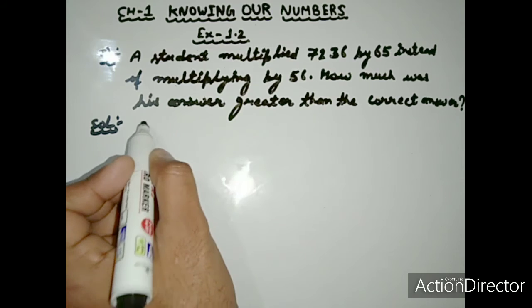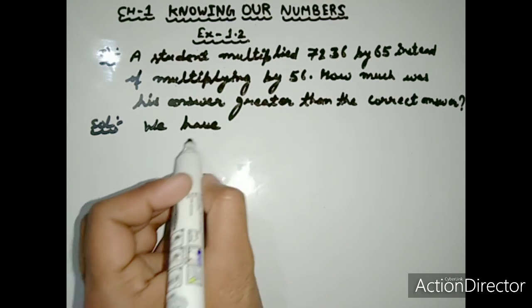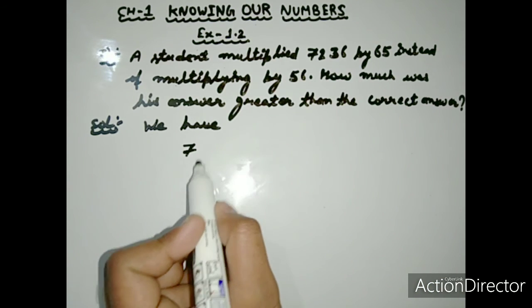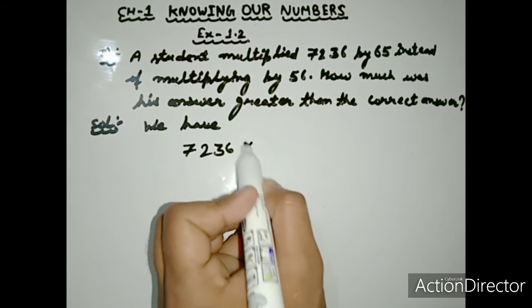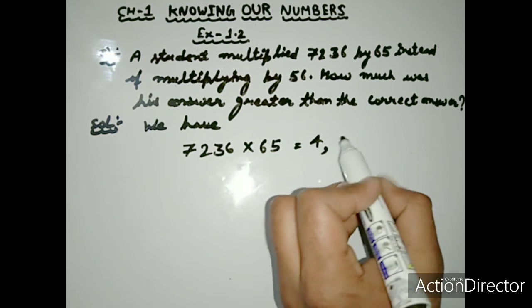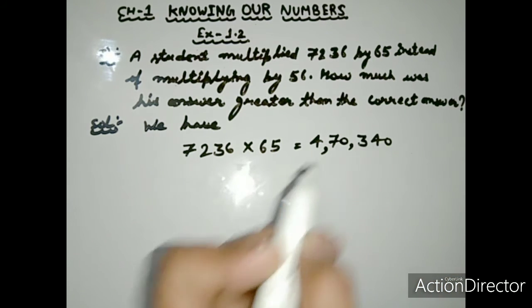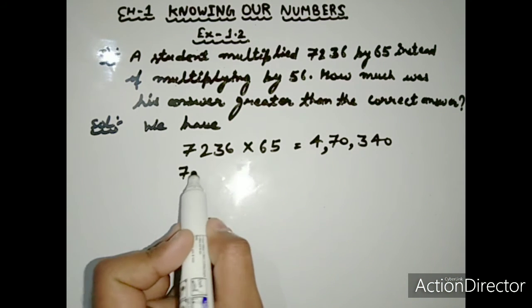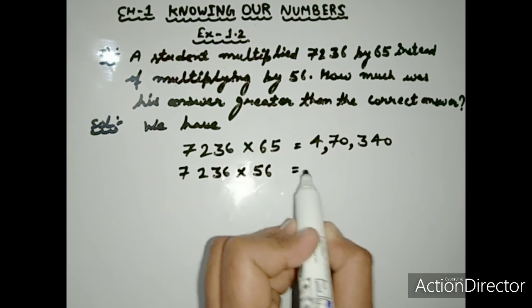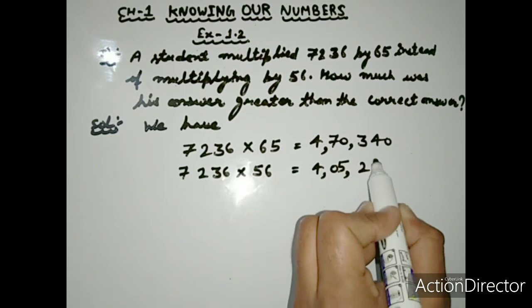So here first we multiply, and if we multiply 7236 by 65, then we get 4,70,340, and when we multiply 7236 by 56, then we get 4,05,216.